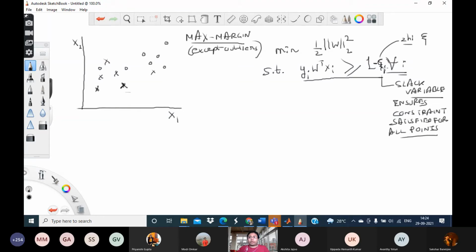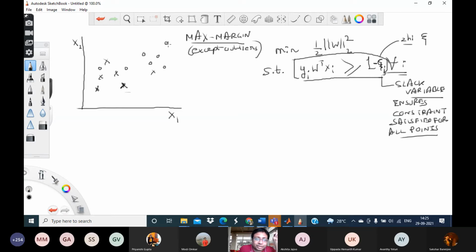Now what value does this xi take? The values of xi are not fixed. For a particular value of w, as w changes, the xi's will also change. But the xi's will change in such a way as to make sure that this equation holds and is not violated.